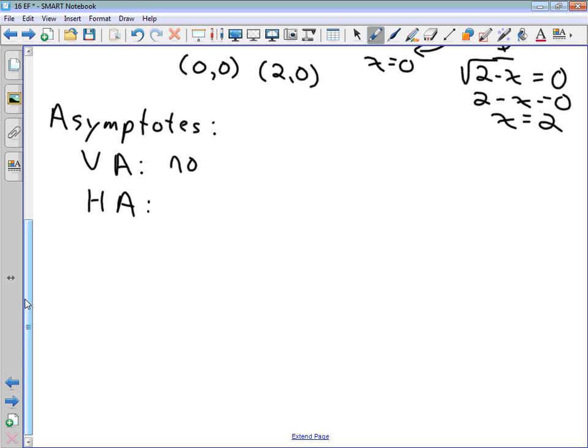So let's think about what's going to happen to our function as we go to very, very large or very, very small values of x. And you did this in advanced functions. You called it examining the end behavior of the function. So let's look at our end behavior here. Imagine taking the limit as x goes to positive infinity of our function here.